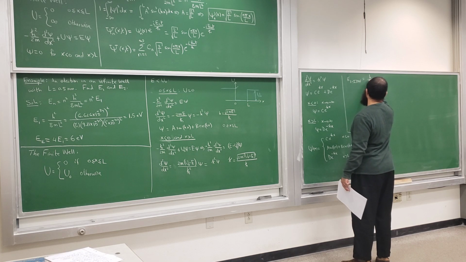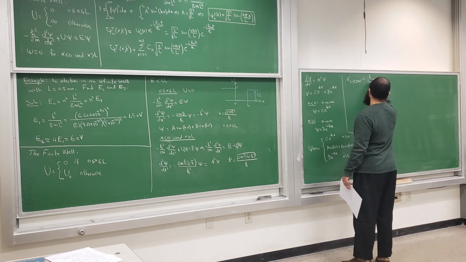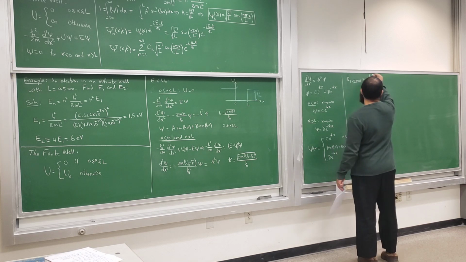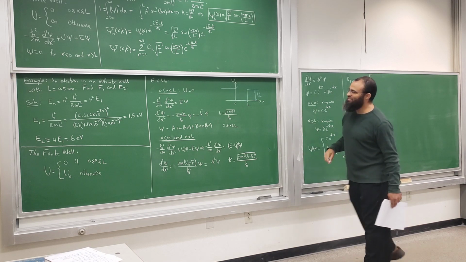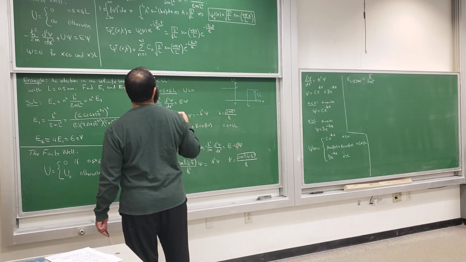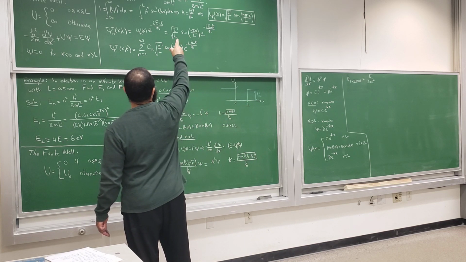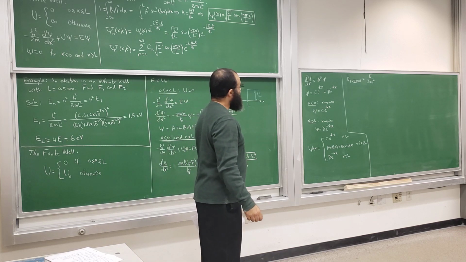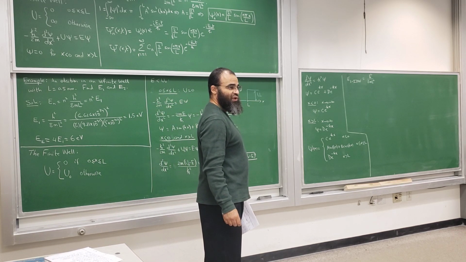H squared over 8 m L squared, right? Thank you. Where should I point to it? Okay, over there. Yes, h squared over 8 m L squared. So that's the energy level for the infinitely deep well.